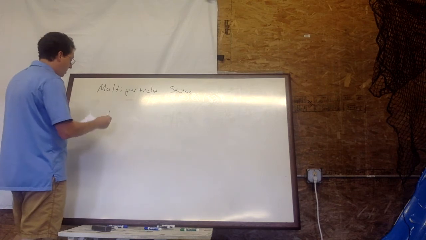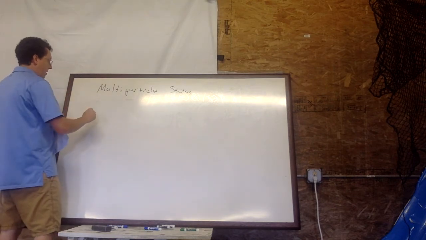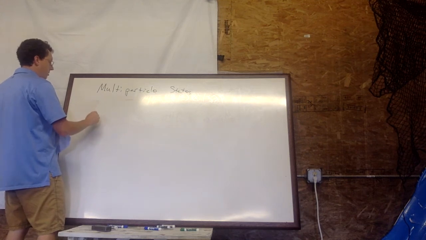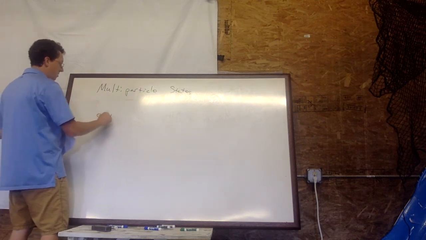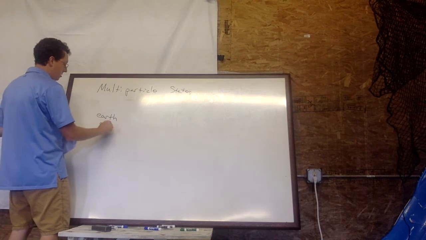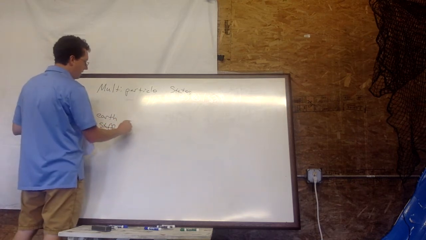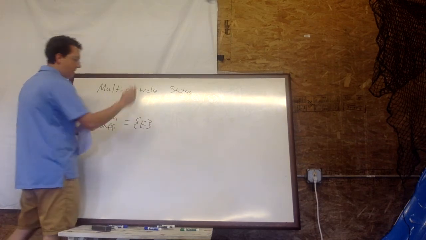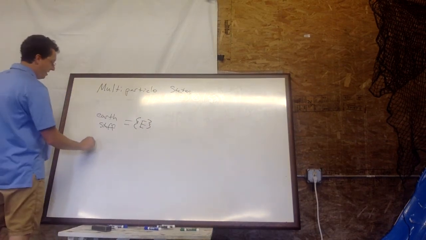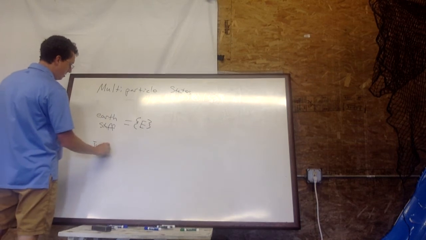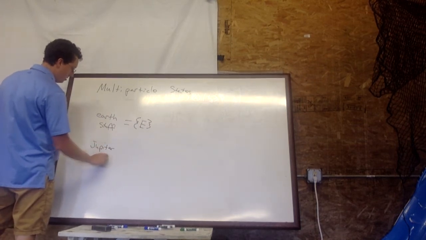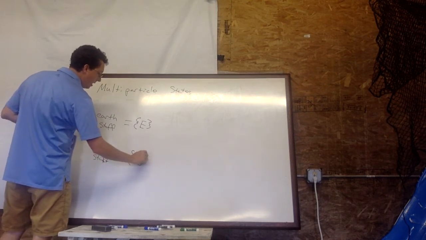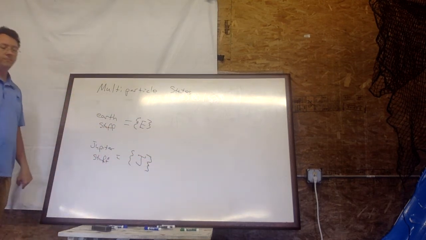It's going to look the same. So if I say there's stuff on the Earth, I'm going to call Earth stuff collectively E, and Jupiter stuff, I collectively call J, whatever's going on in Jupiter.